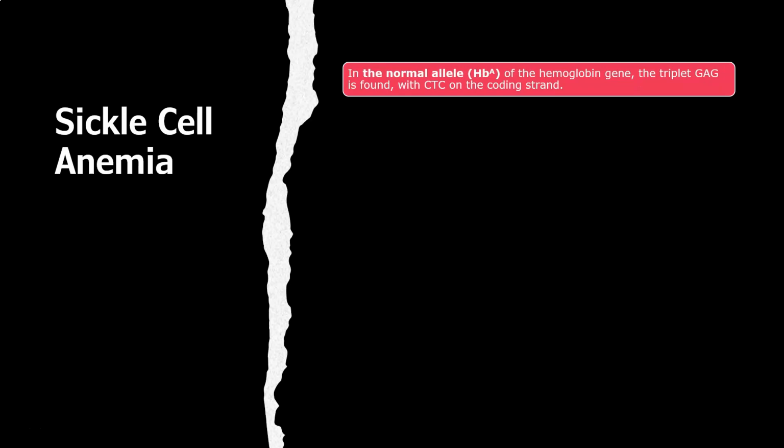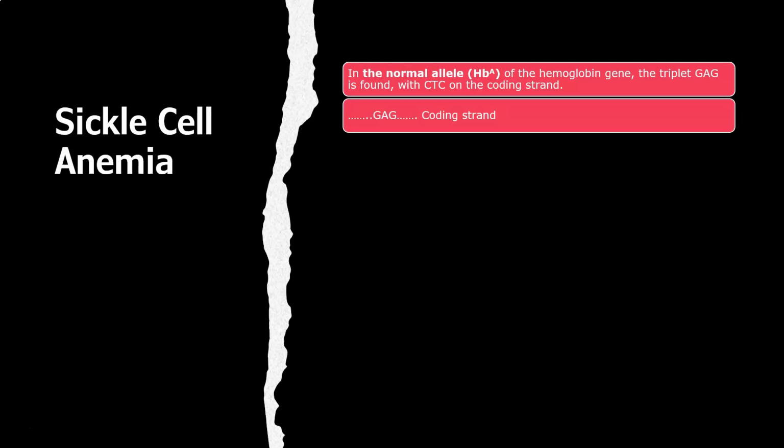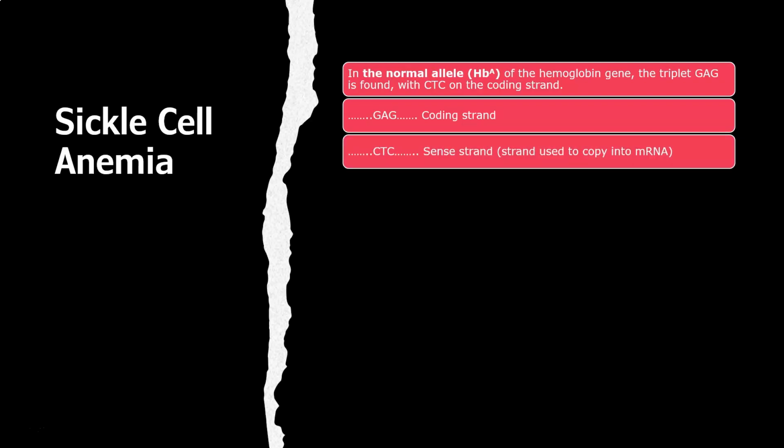In a normal allele, and we're calling this HbA, so it's hemoglobin, that's the Hb, A is our normal allele. In the normal allele of a hemoglobin gene, the triplet GAG is found with its coding strand CTC. Okay, so that's straightforward. We've got the opposite there. So GAG is our coding strand, CTC is our sense strand.